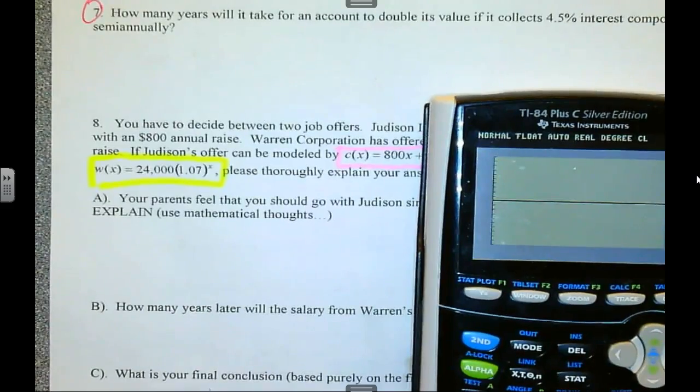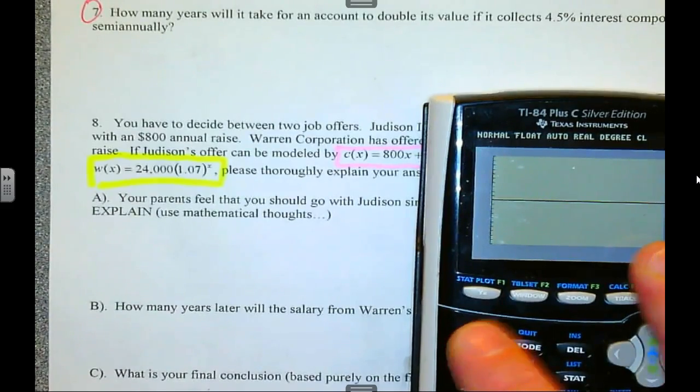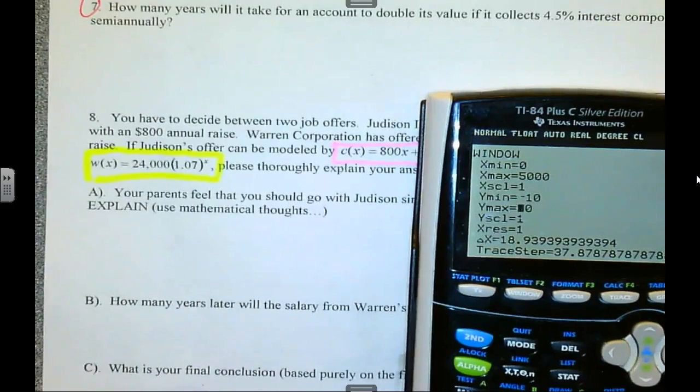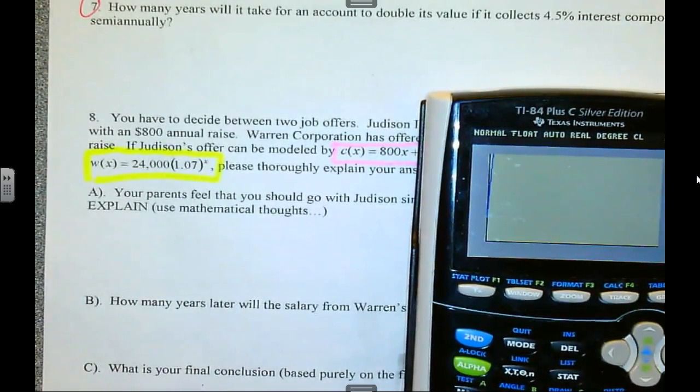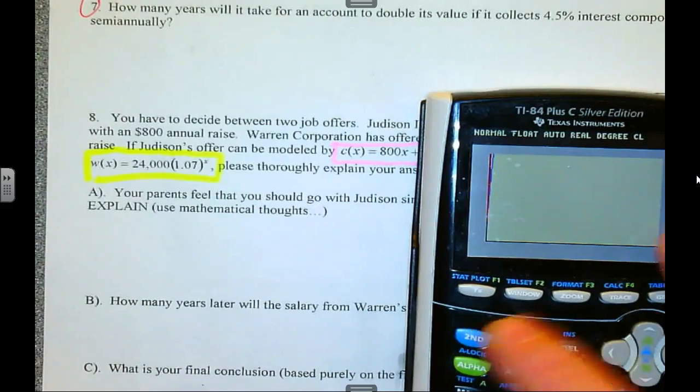I'm going to try 5,000, see what happens. I'm not getting much. I'm going to change my y. Let's see, my y max. I'm feeling lucky. I want to put 100,000 in there. Oh, hey, I got something. I need to maybe go back to my x's.